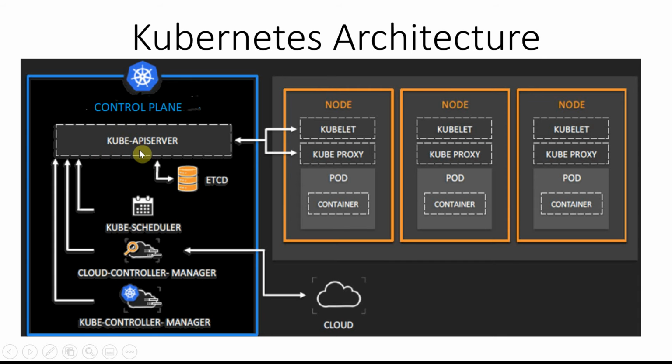So the kube API server is the external world talking to the control plane. The individual nodes, the 3 nodes for example, also talk to the master through the kube API server.